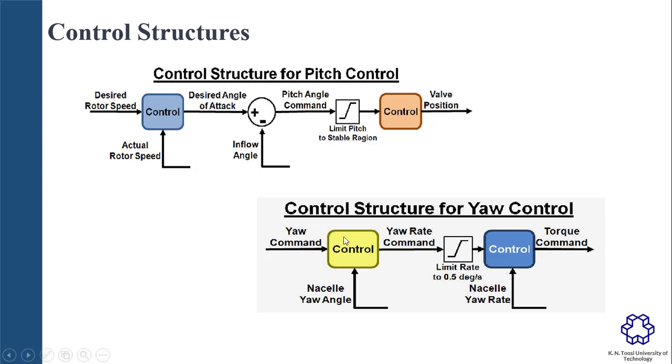But for the yaw control structure, we have a yaw command, so we actually have a position. Then we have the nacelle yaw angle, which results in a yaw rate command for the motor. The rate of the yaw command will then be fed into a controller to generate the torque command for the motors.